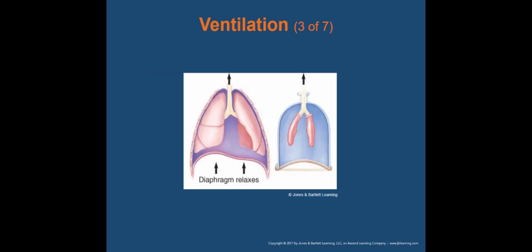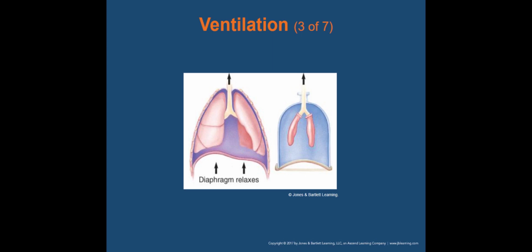The mechanism of ventilation can be illustrated by using a bell jar. If we were to have one, it would be a great example. But it is important to realize that the thoracic cavity is a negative pressure container. You create negative pressure by contracting the diaphragm when you take a breath.